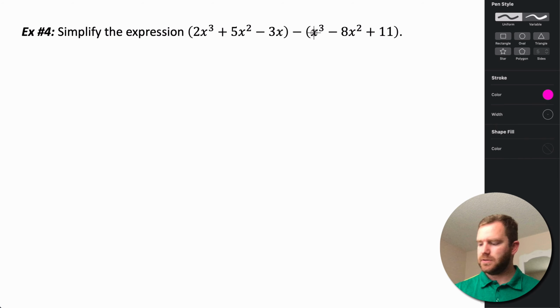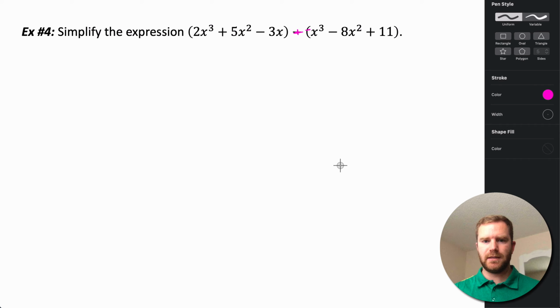If I wanted to subtract, there are a couple of ways you can think about this. You can think about it as taking your terms and just subtracting like terms. Or sometimes people like to change this subtraction to an addition by distributing the negative through.